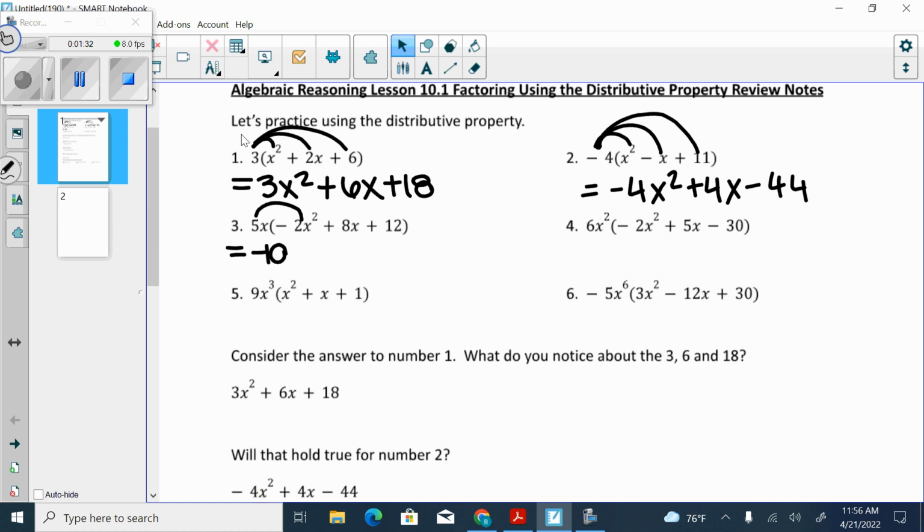I've got 1x out here and x squared on the inside, so it's going to give me x cubed. Very good. All right, then 5x times 8x. What's that going to be? Very good. And then 5x times 12. Very good.